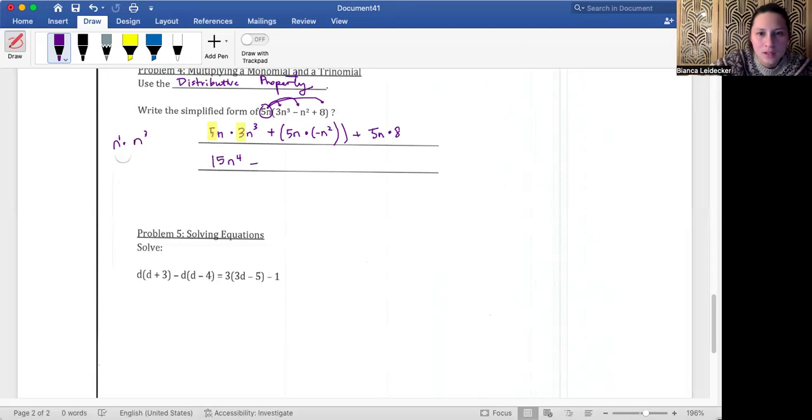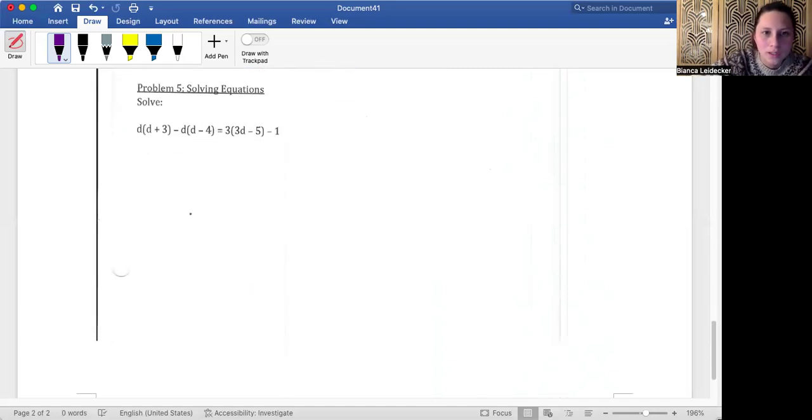And then here, 5n times negative n to the second power makes this negative 5n to the third power, because this n to the first times n to the second makes it n to the third. And then I have 5n times 8 is positive 40n. And that is my answer.